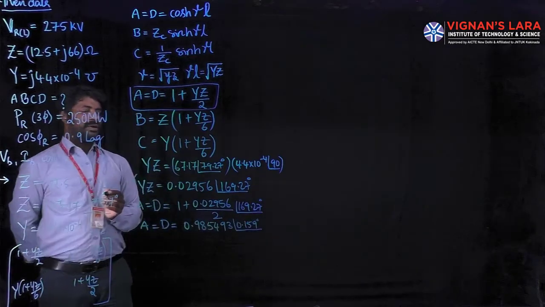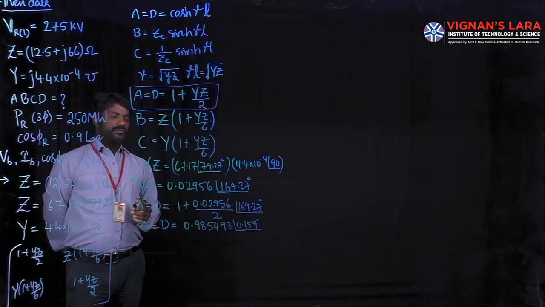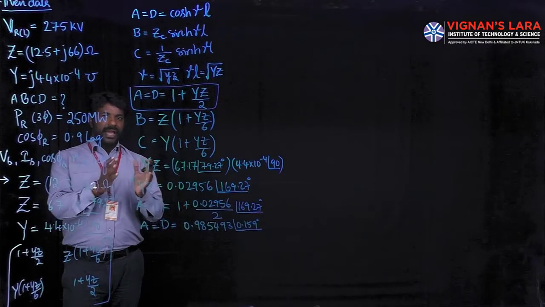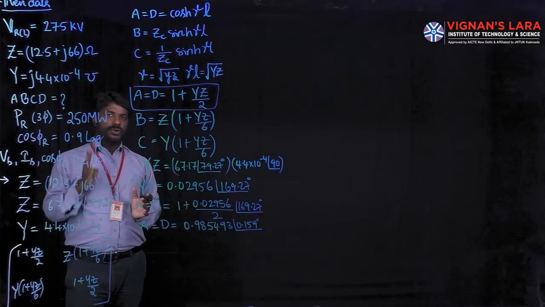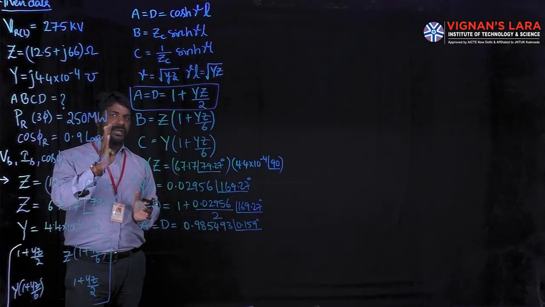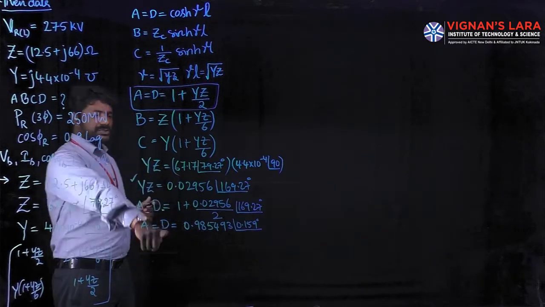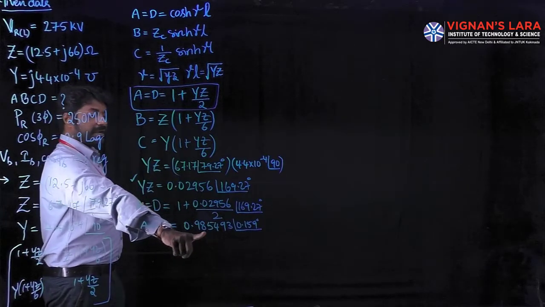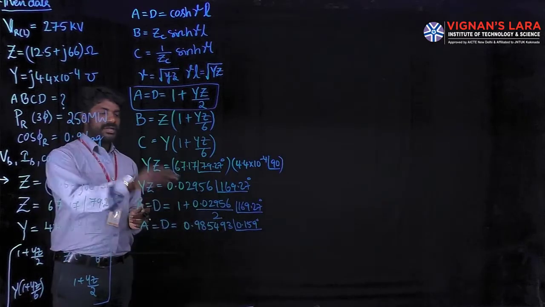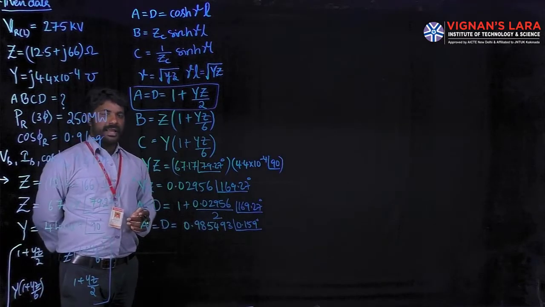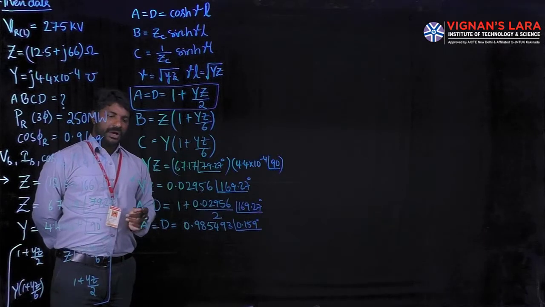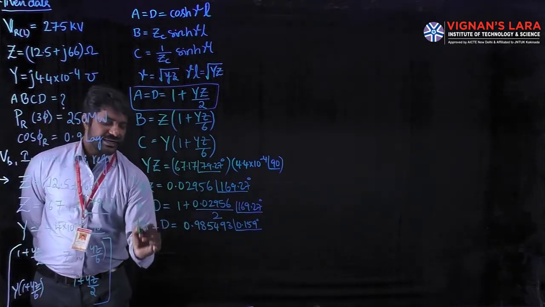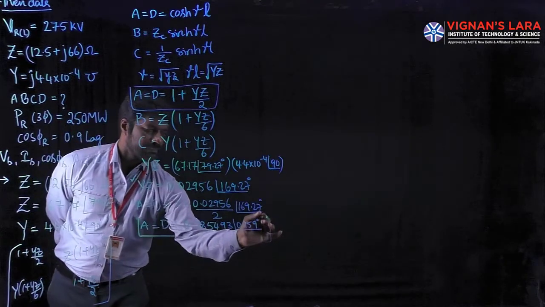If you recall our last class, how to verify whether the obtained ABCD constants are in the valid range or not: as I told you, the constant A will always be less than 1. Right now here also A is 0.98, whose value is less than 1, and the angle is also very small. So the A equal to D constant was identified very clearly.